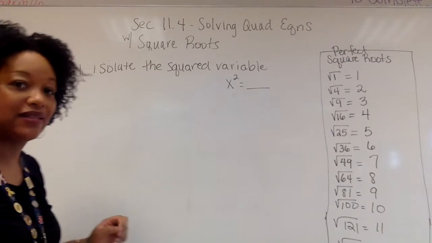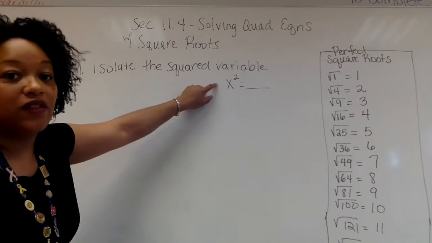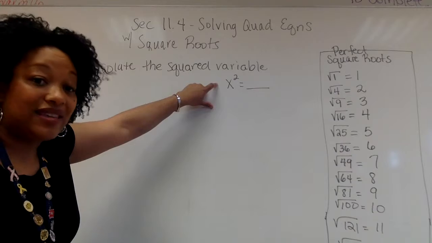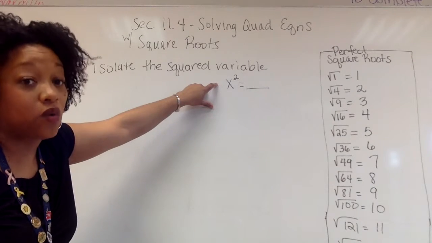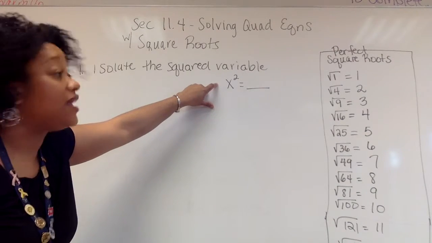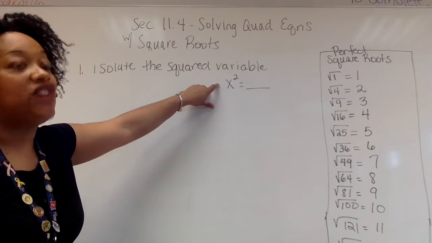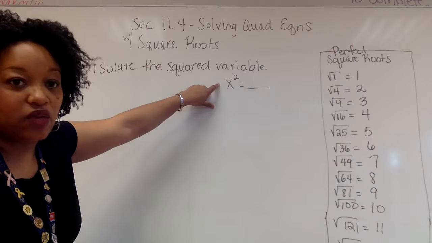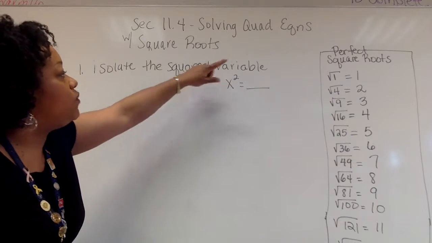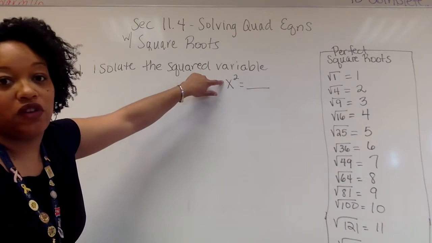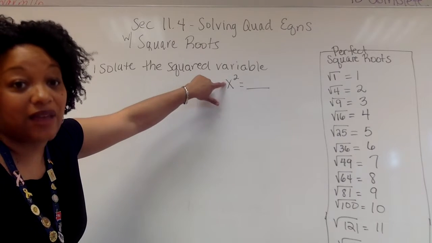That's what I mean by isolate. Now, what we need to do to get to this point is basic algebra that you learned first quarter. So I'm going to be really hard on you guys if I have to remind you how to combine your like terms and how to change the sign when you go on the other side of the equal sign. If you mess all that up, then your answer is going to be wrong. So we're trying to get to this step right here.